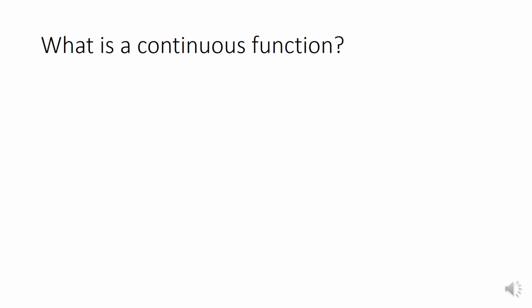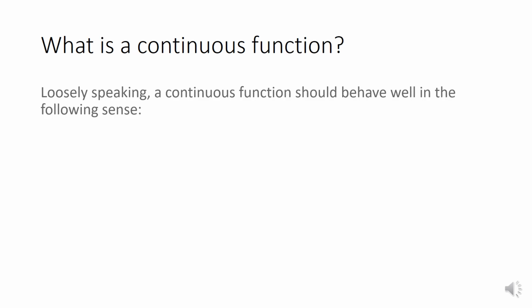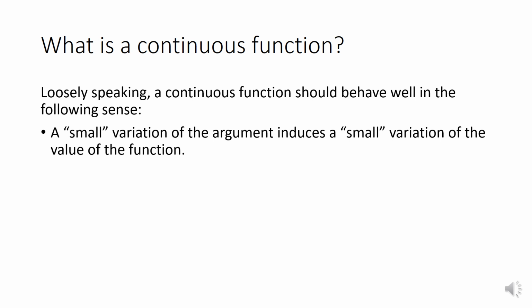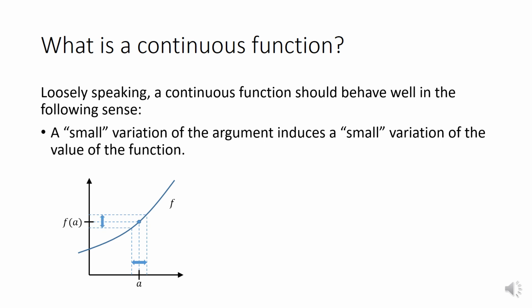What is a continuous function? Loosely speaking, a continuous function should behave well in the following sense. A small variation of the argument induces a small variation of the value of the function. If we look at the graph of this function f, at a point a, for example, a small variation of the argument a induces a small variation of the function value f of a.